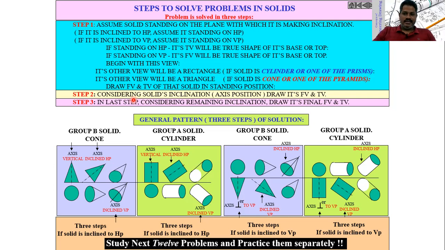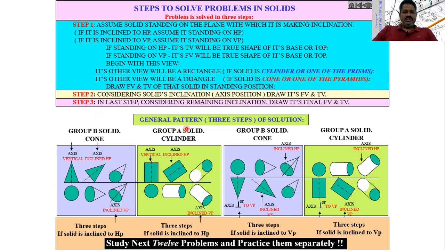Then, in the second step, we assume the inclination angle of the base or the axis. Then in the final step, draw or consider the inclination of the axis of the object with reference planes. So to that we have to draw the front view and top view.